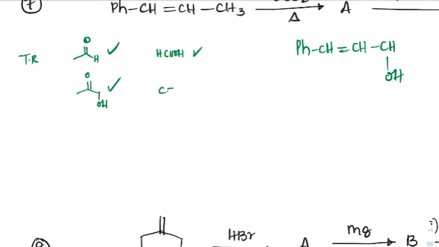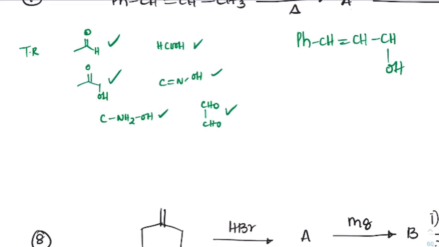C=NH, oxime or hydroxylamine, will give. And what else, if we just recall, CHO, glyoxal, that will also give. Hemiacetal is a good case, OH and OR. This will give, got it?